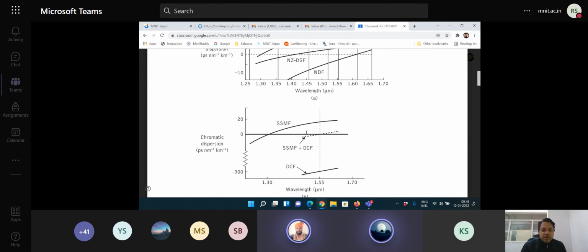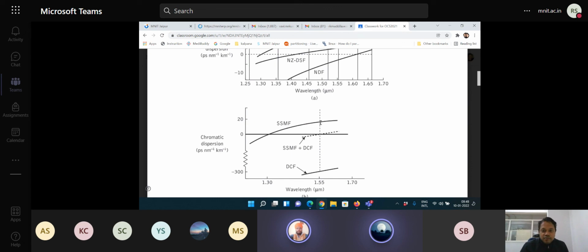So this dispersion compensating fiber means for every, let's say, about 100 kilometers of a standard single mode fiber, you'll be introducing some positive dispersion, which will be giving rise to broadening of a pulse.